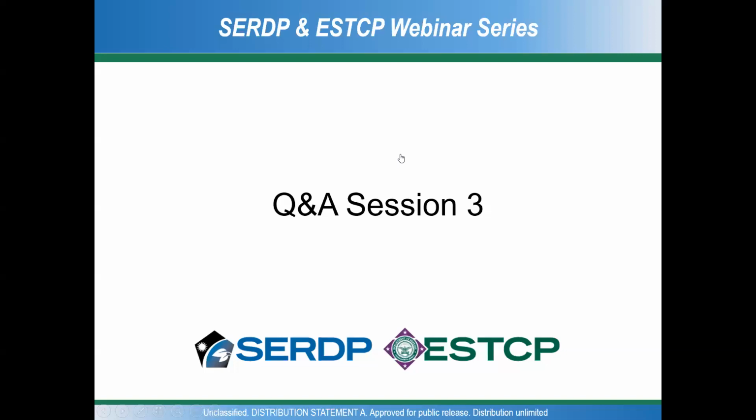So this would be a good place. If there isn't available data for the machine learning model, the physics-based model could provide a way to bridge a gap in data while you're waiting for the machine learning to catch up. Because you usually need hundreds and hundreds of data points, or even thousands, to train a good machine learning model. So if you don't have that, but you have a reasonable physics-based model, that can provide a stopgap. Okay, great.